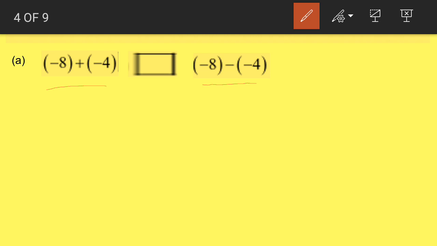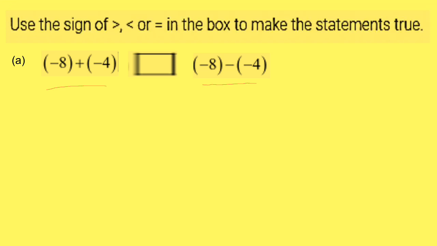So first I will solve the left hand side and right hand side simultaneously. Then after solving, we will get a single number on both sides. Then check which one is lesser or greater, then put the symbol. This is the procedure to solve this type of problem.